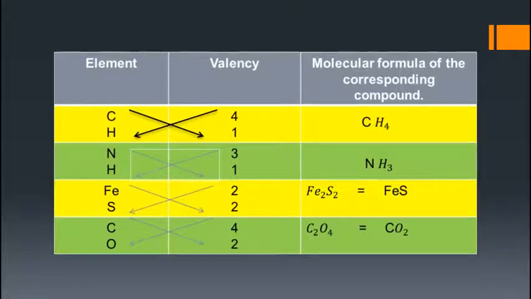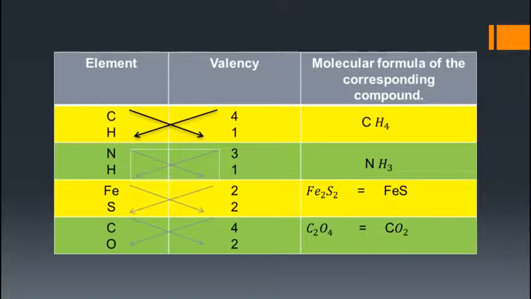Next, the constituent elements are Fe and S, Fe for iron and S for sulfur. The valency for iron is 2 and for sulfur it is 2. After the cross multiplication we have Fe2S2, and by dividing this formula by 2 to obtain the smallest possible whole numbers, we get the formula FeS, that is ferrous sulfide.